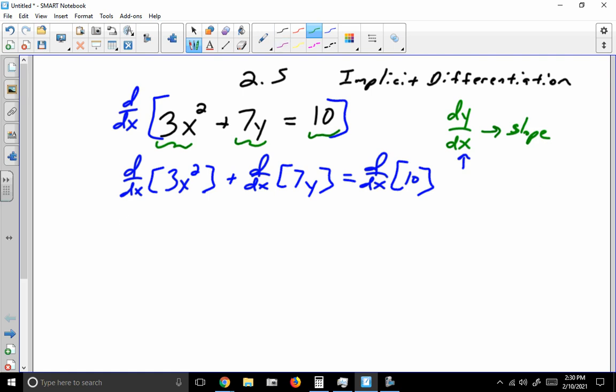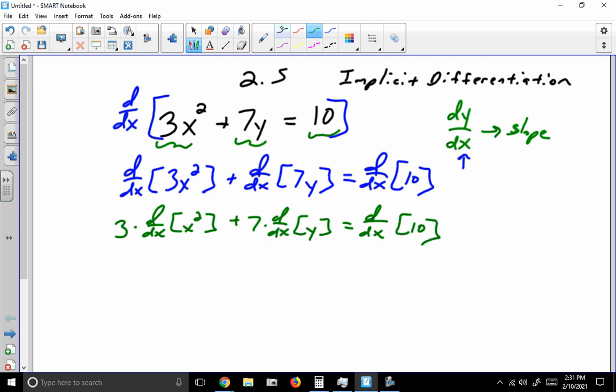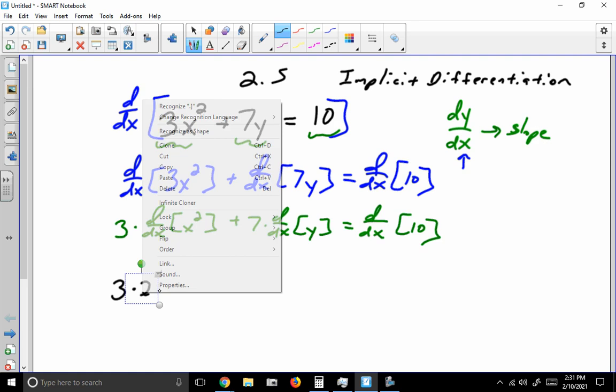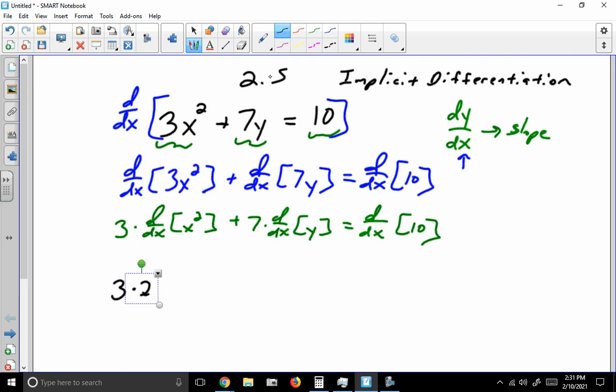In this first term, we can put the 3 in the front, and then we can take the derivative of the variable part. Same thing on the next term, put the 7 in front and take the derivative of y. And then on the right side, take the derivative of 10. So what do we get here? Bring the 3 down. The derivative of x squared is 2x.